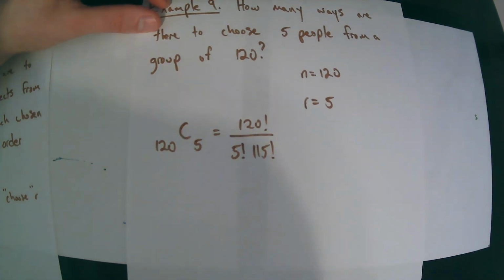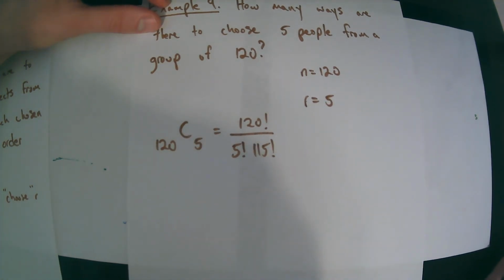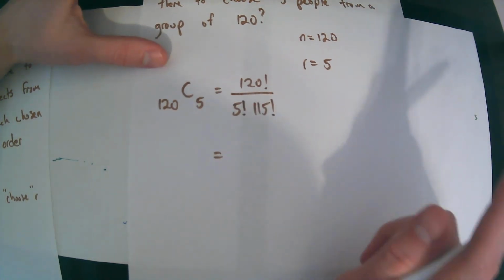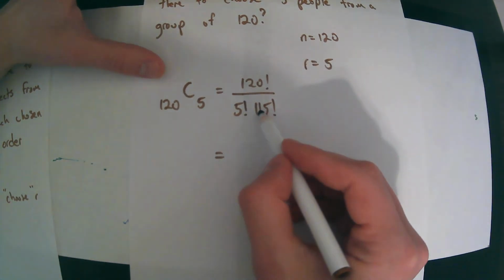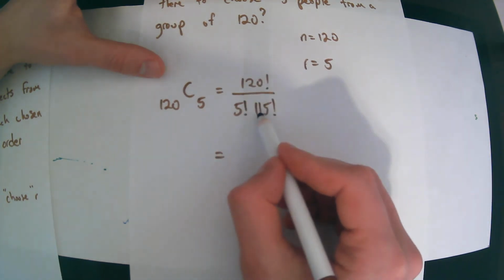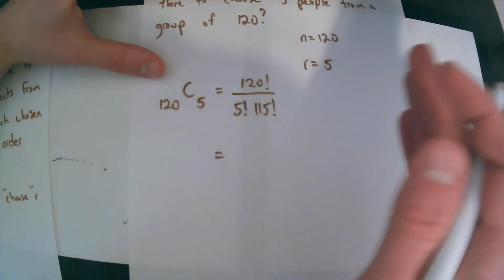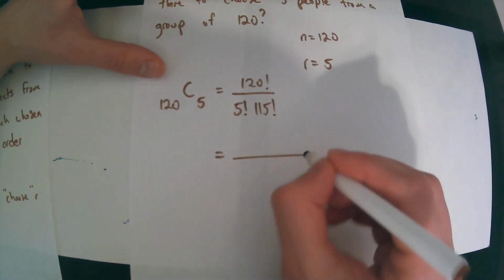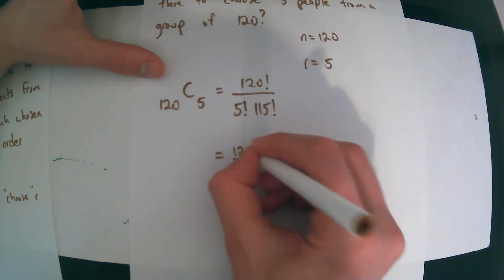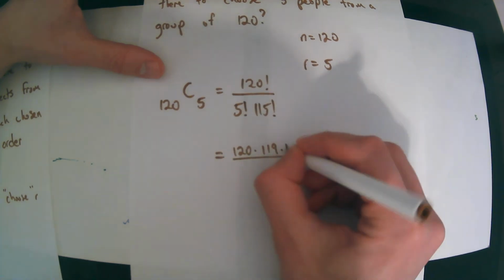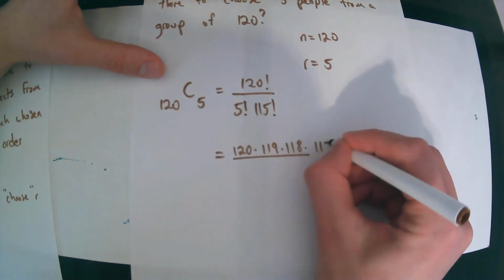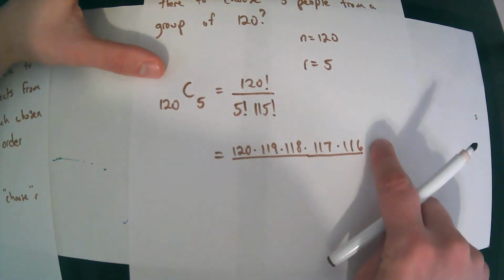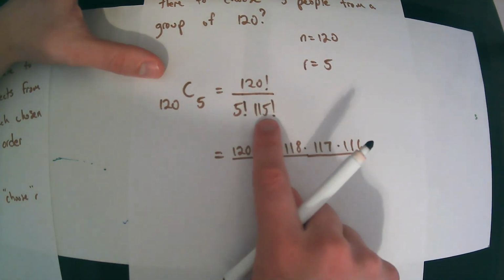Now, this would be insane to write out, right? So instead, I'm going to be clever about this. I'm not going to need 115 or 114 or anything below, because they're all going to cancel. So in the top, I'm just going to have 120 times 119, 118, 117, and that's it. Because the 115s and below canceled with this one right here.